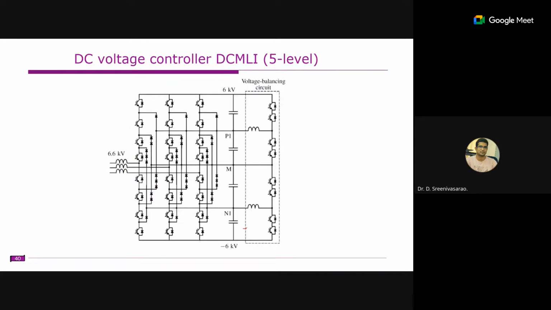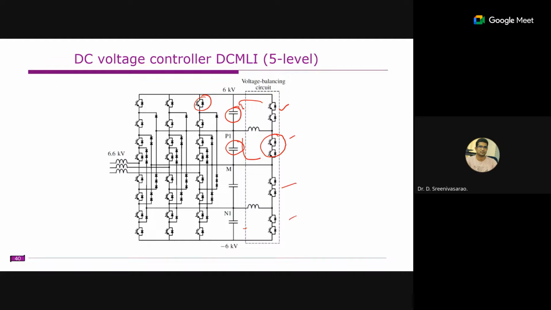Whereas in this case, for example, this top switch is on and this switch is off. That means it is supposed to block this capacitor voltage as well as this capacitor voltage. So that's why this switch is supposed to block double the voltage of a normal switch. That is the reason we connected two switches in series.